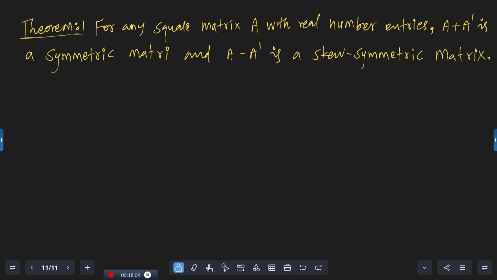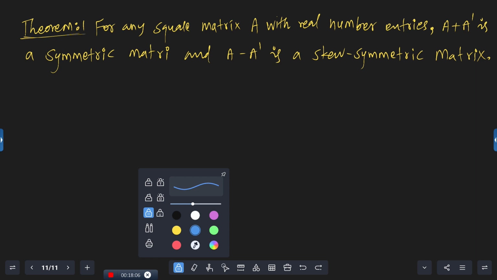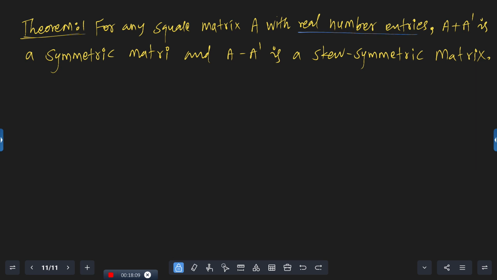Listen, this is applicable when we have real number entries, meaning inside, if you are taking a matrix 1 2 3 4, then A plus A dash we can say is symmetric, and A minus A dash we can say is skew symmetric. Sometimes they will give the matrix A and ask you to find the symmetric matrix.